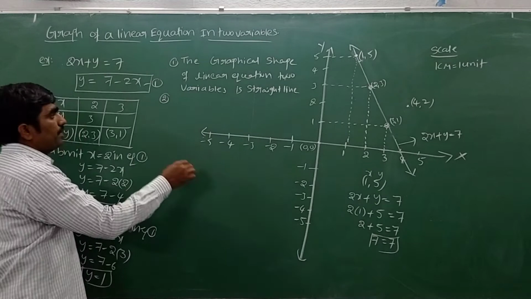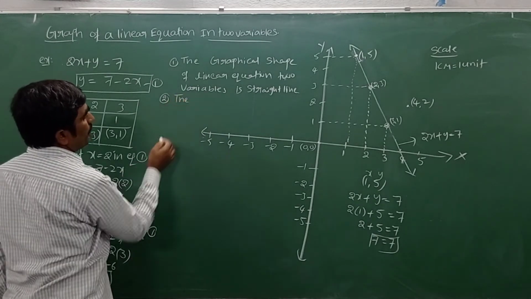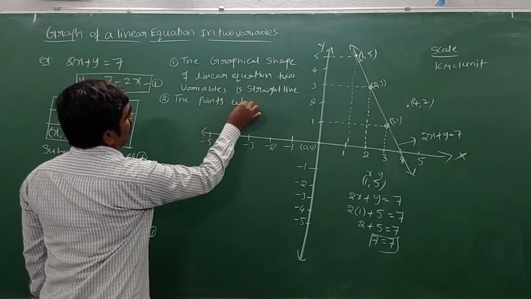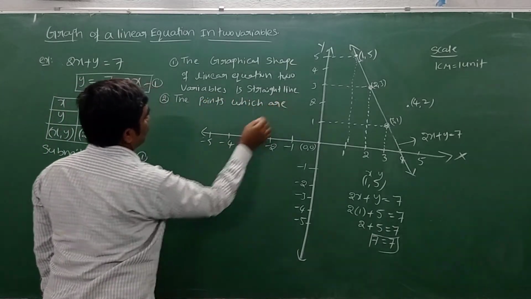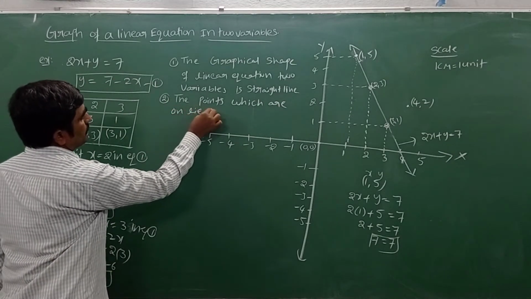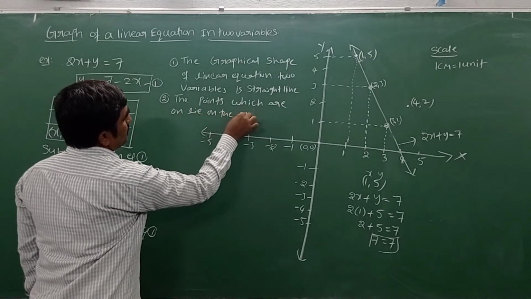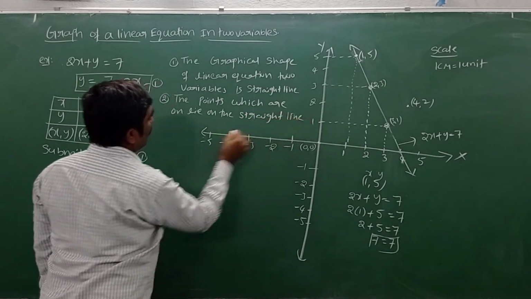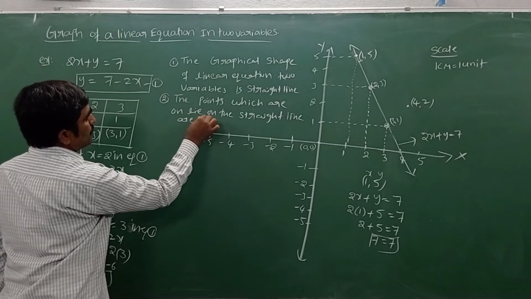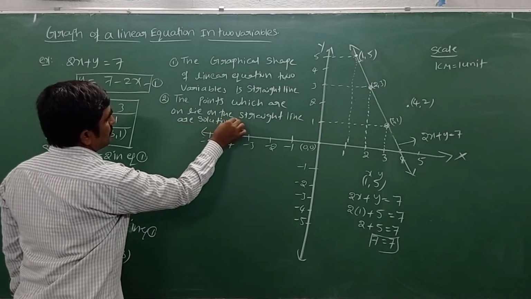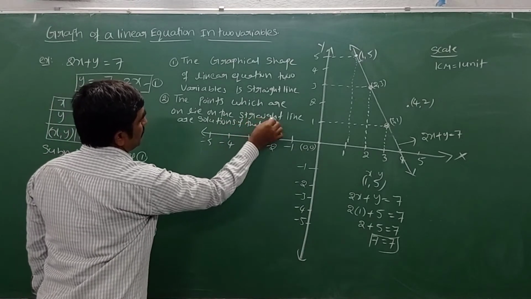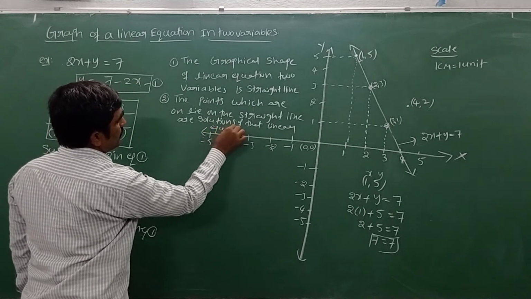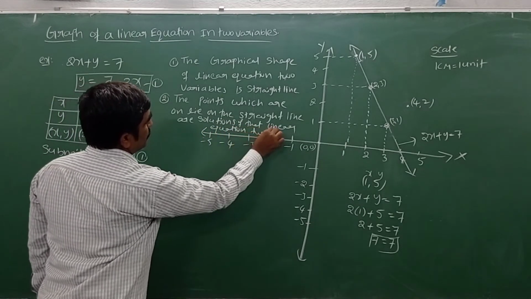So what we can say is the points which lie on the straight line are solutions of that linear equation in 2 variables.